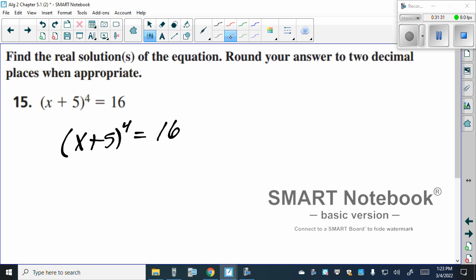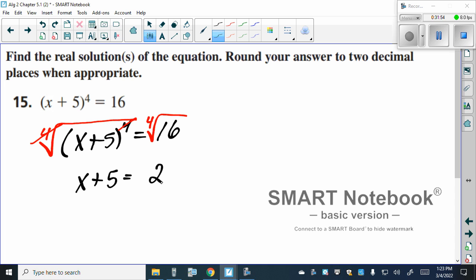So what we can do is take the fourth root of both sides, because the fourth root and the exponent will actually simplify out, leaving us with x plus 5 is equal to 2.